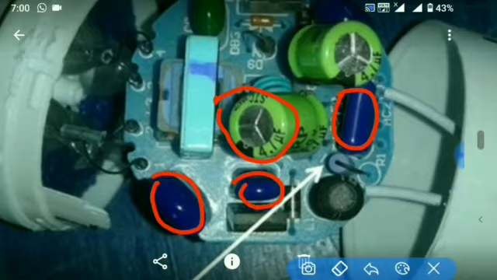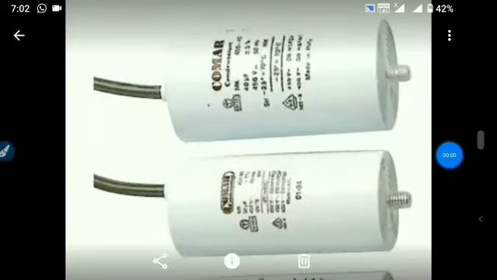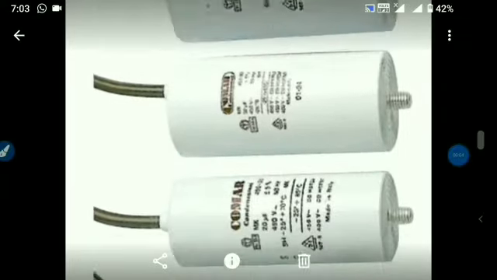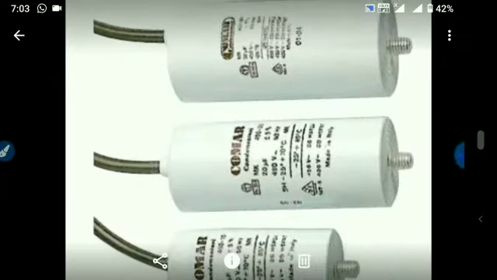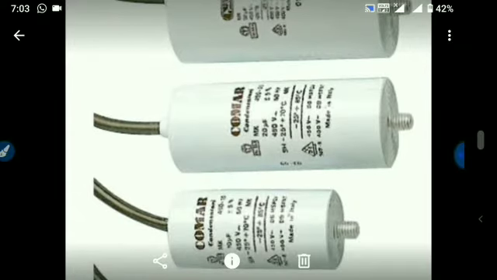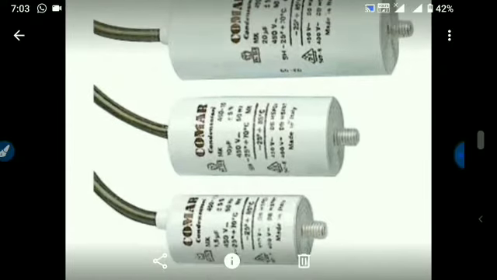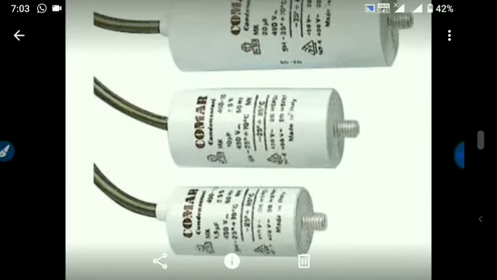So this type of capacitors are used in CFL or LED bulbs, and this type of capacitors are used in various electric motors. Even we know that a fan also rotates due to an electric motor. So you will find this type of capacitor in the fan also.